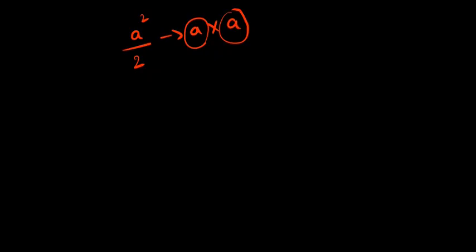So a square equals 2 into something; the value of a square should be 2 into something. If 2 is a factor of a square, it should be 2 into something, right? We know that a square is nothing but a into a. Whatever is present in this a will be present in this a also, right?